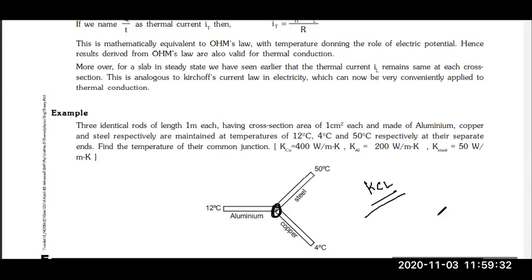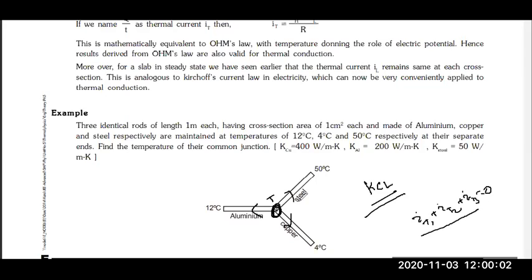So IT1 plus IT2 plus IT3 is equal to 0. And we don't know the temperature at this junction, so let it be T.